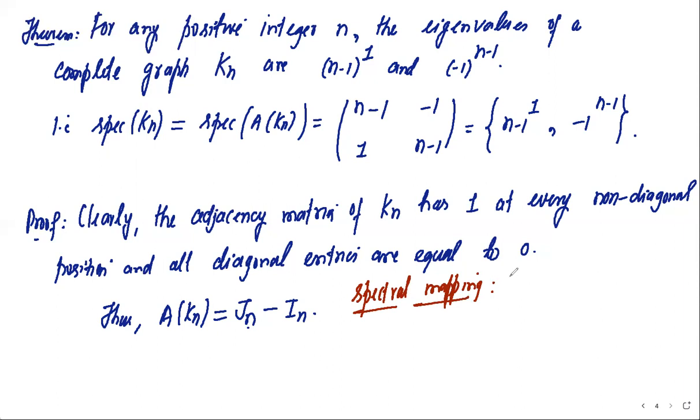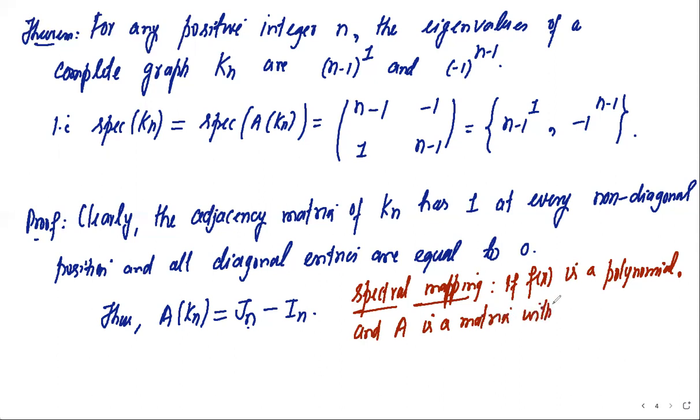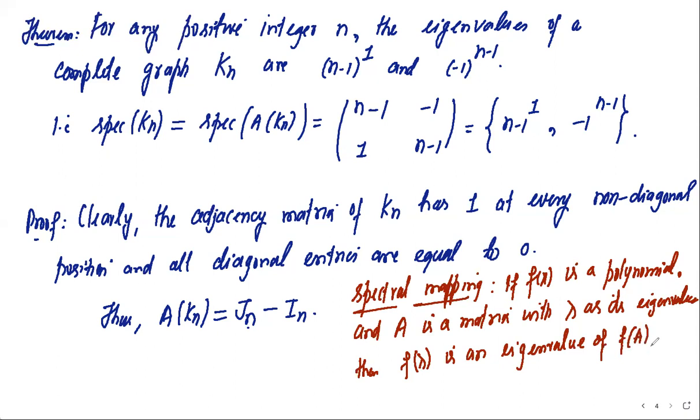So what it means is, if f of x is a polynomial and A is a matrix with lambda as its eigenvalue, then the spectral mapping theorem states that f of lambda is an eigenvalue of f of A.